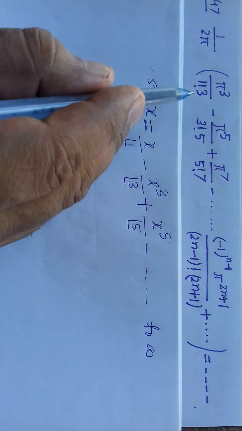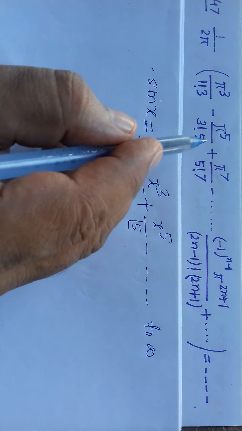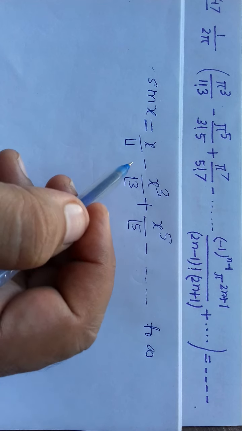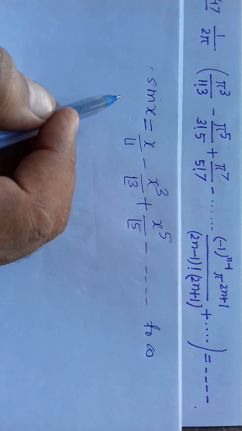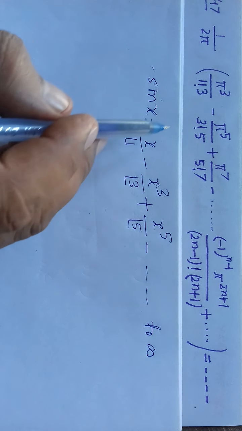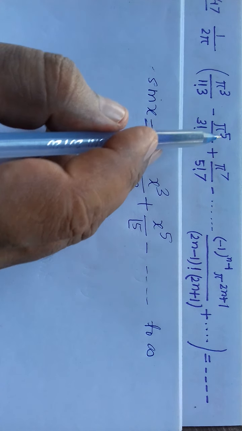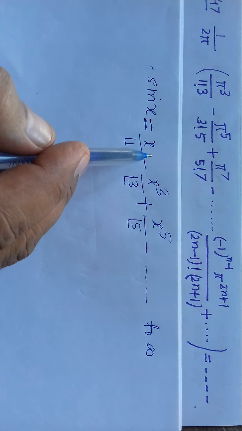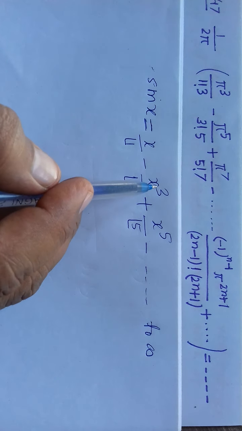You see here 3, 3, 5, 5, 7, 7. And also you see that powers are different: 3 here, 1 here, 5, 3, but the difference is constant. 3 minus 1 is 2, 5 minus 3 is 2.